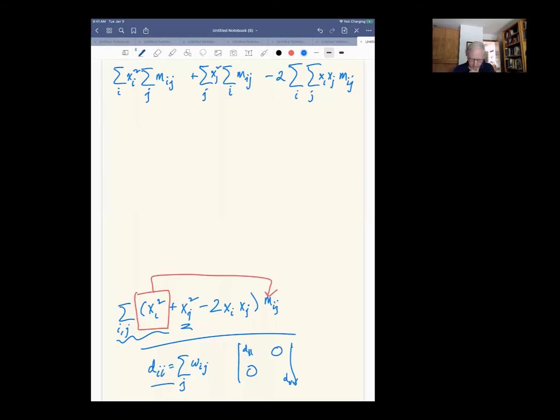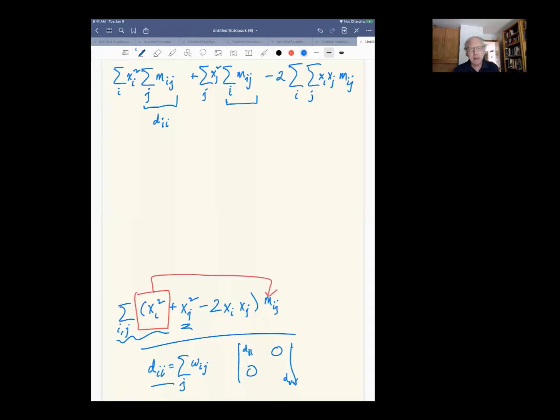So now we've got those DIIs. And you can see that what's nice is they simplify our algebra a little bit, because the sum over j of mij is just our DII.